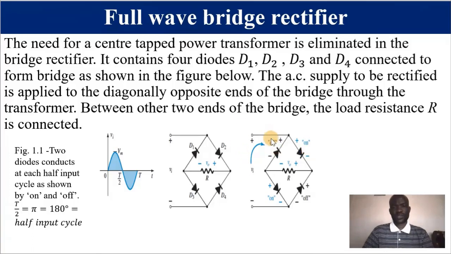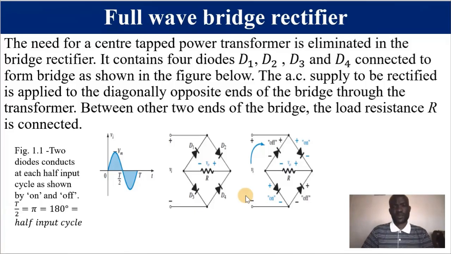If our input is positive, it is this diode and this diode that are forward biased, hence they become on, and our current is going to flow in this direction through D2, through the load, and through D3, and then back to the secondary of the input transformer.